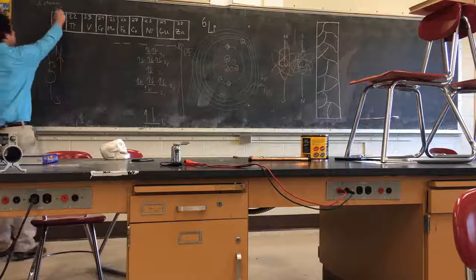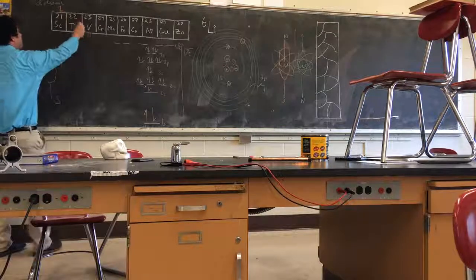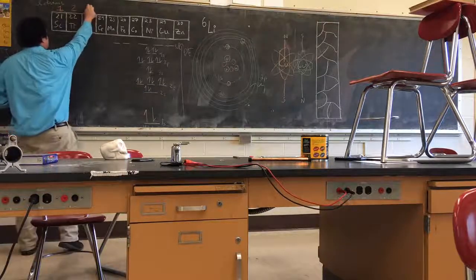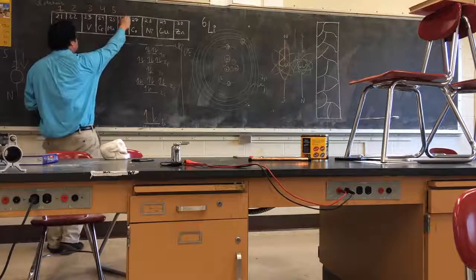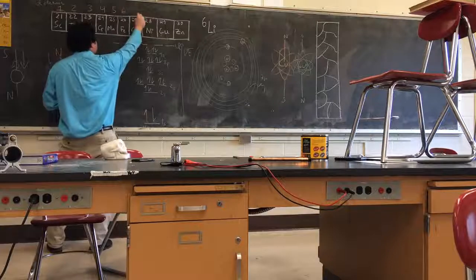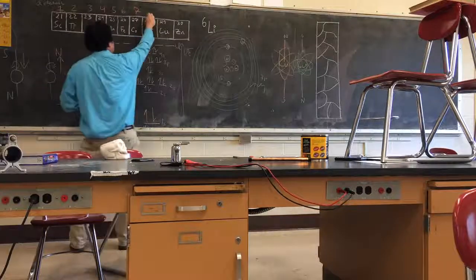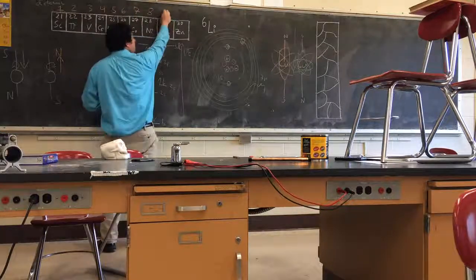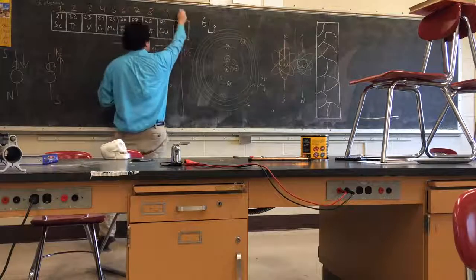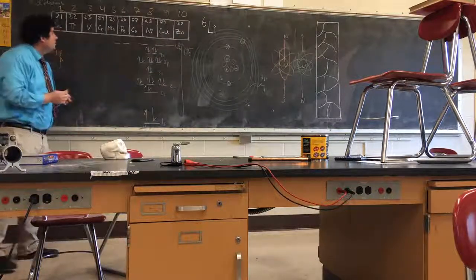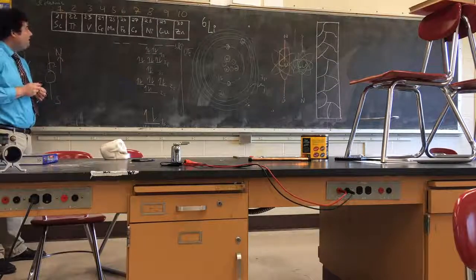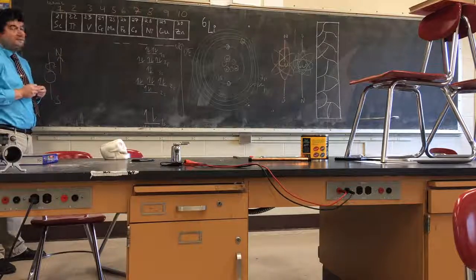So scandium would have 1, titanium 2, vanadium 3, chromium 4, manganese 5, iron 6, cobalt 7, nickel 8, copper 9, and zinc 10. So that's going to help us figure out whether an atom is magnetic or not.